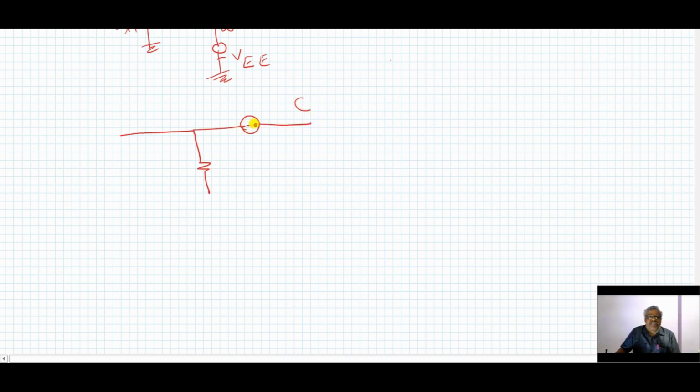This is the collector, this is the collector current. This is the base terminal, this is the emitter terminal. This is RE, this is IC. Connect the input signal here. Between base and ground, we have Vi1. This is Ri1. Here we have 2RE, and between collector and ground we have RC.